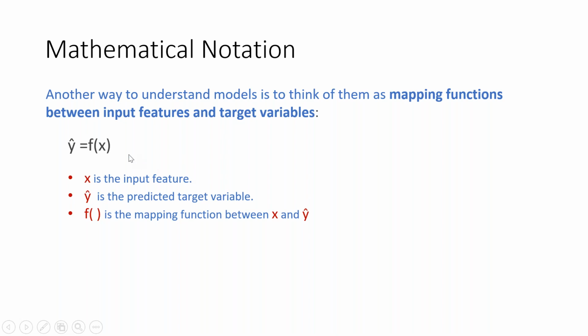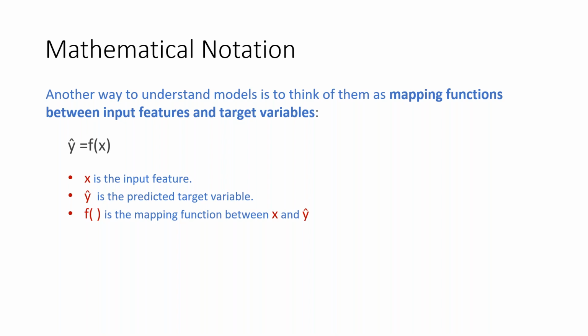So x is my input feature. In our simple example, it is only one x, but in real projects, there will be at least 100 x's and one y that you have to predict. Out of these 100 features, some will matter more than others. So it's a complex problem.